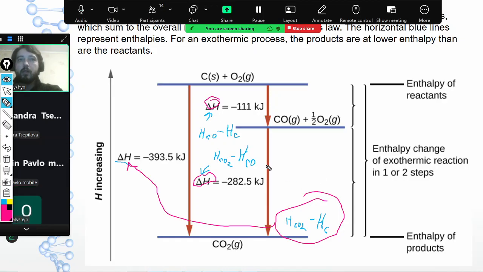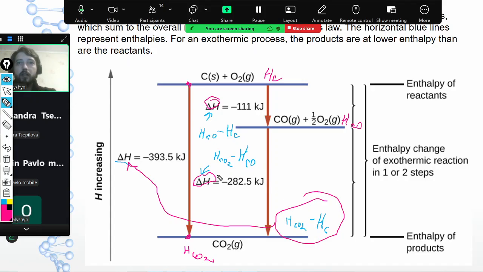Look at them. So we have one process that goes in one step, and I take the difference between final state and initial state. So here's what I have: HCO2 minus HC. So I call this state HC, this is called HCO2, this is called HCO. And I want this difference.